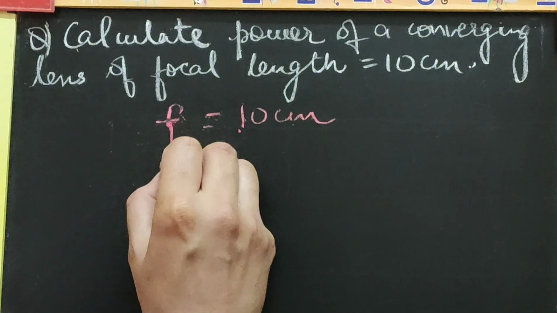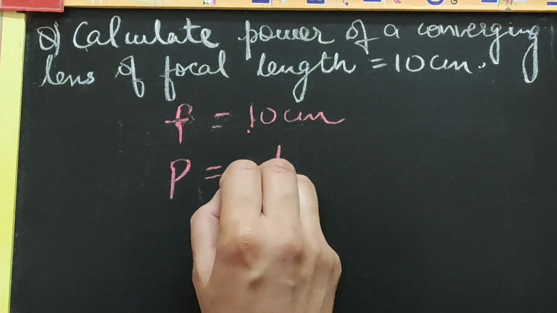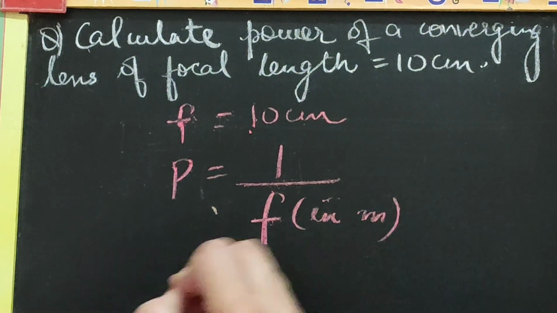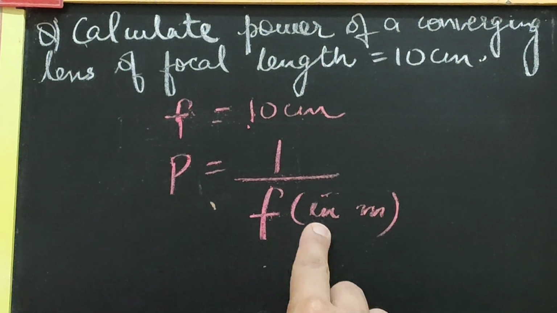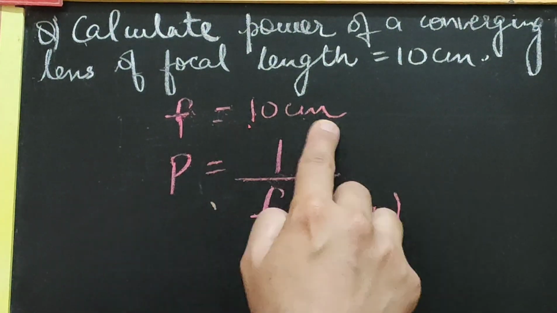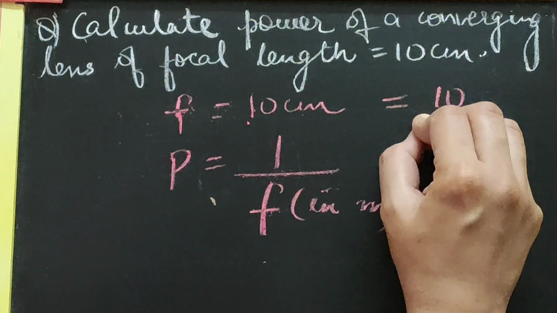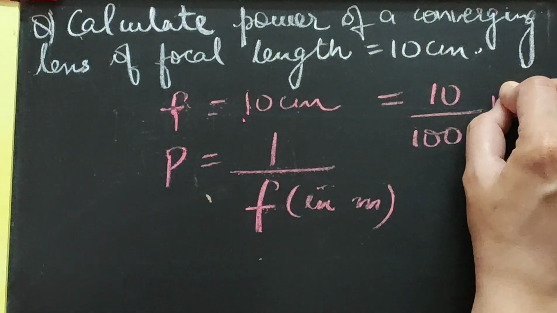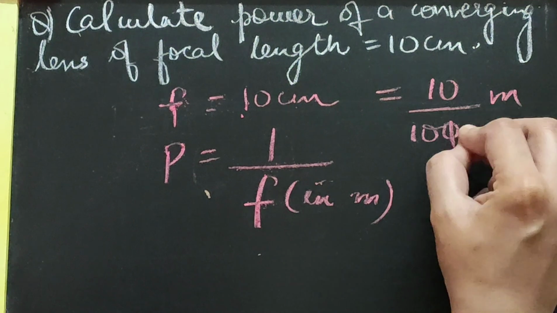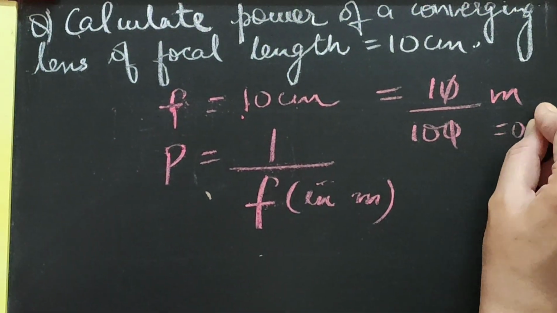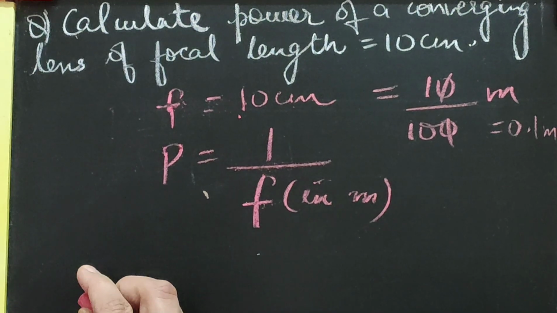We have to calculate the power, which is defined as the reciprocal of focal length when focal length is in meters. So we will convert this 10 cm focal length into meters. That means we will be dividing it by 100. So in meters, the focal length is 1 by 10 meter, or we can simply write 0.1 meter.